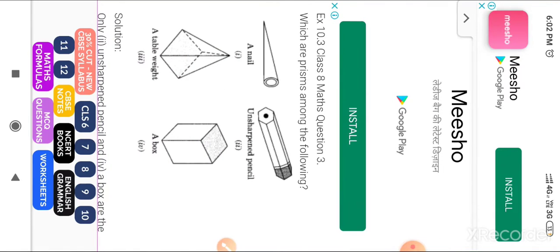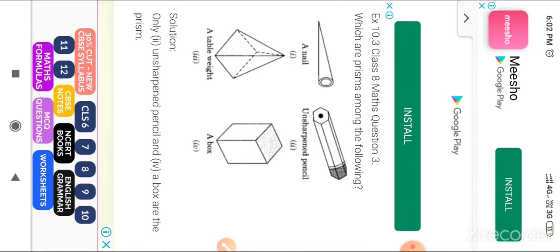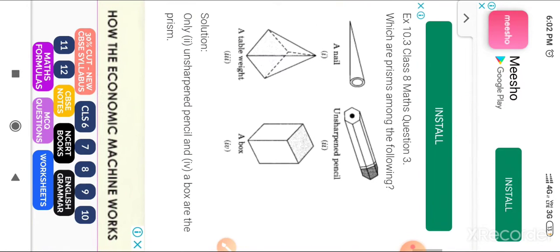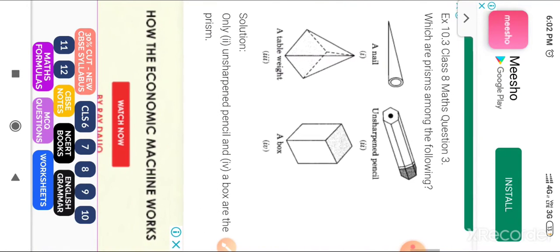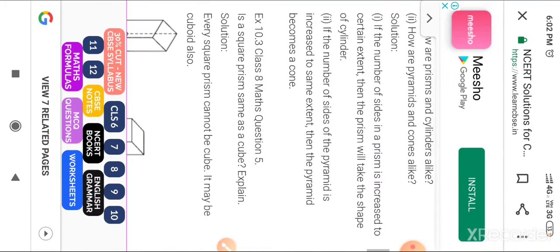Next question is, which are prisms among the following? So here an unsharpened pencil and a box are prisms, and a nail and a table weight are not prisms.